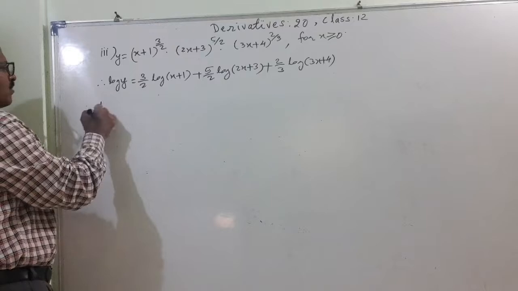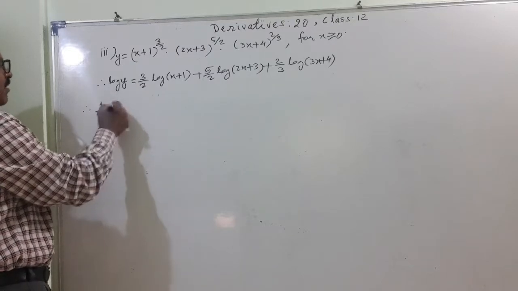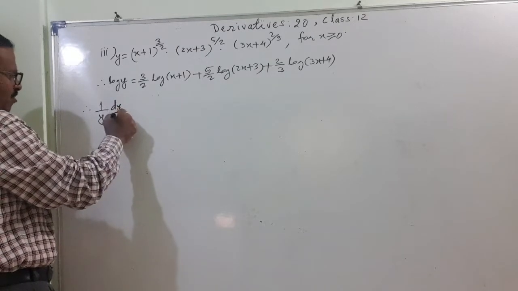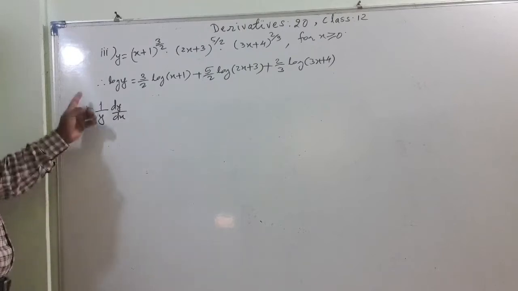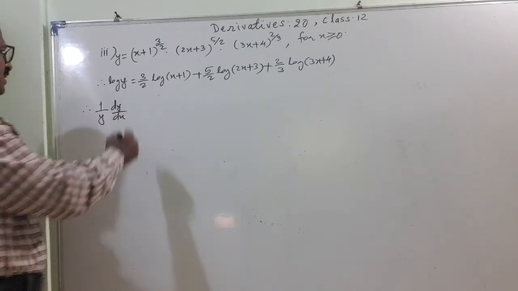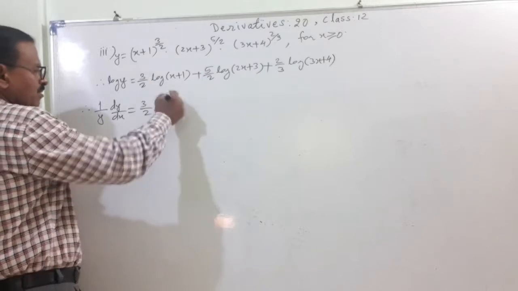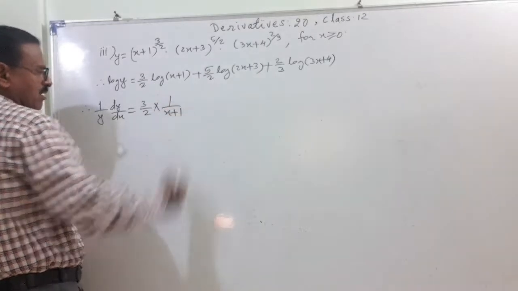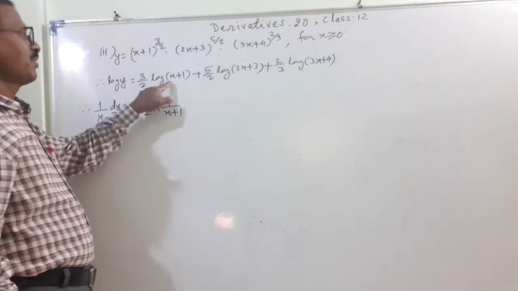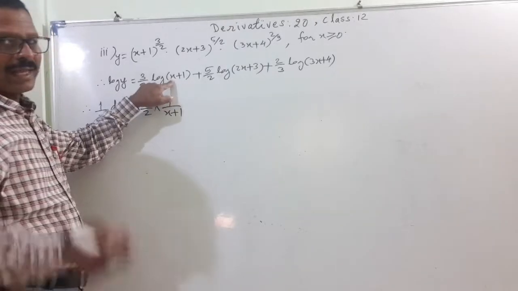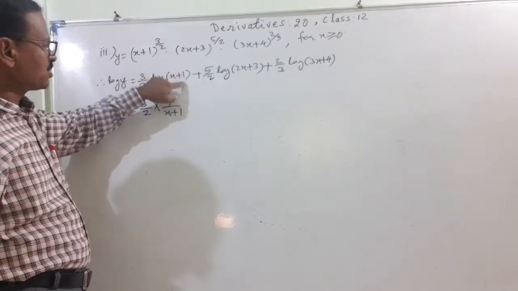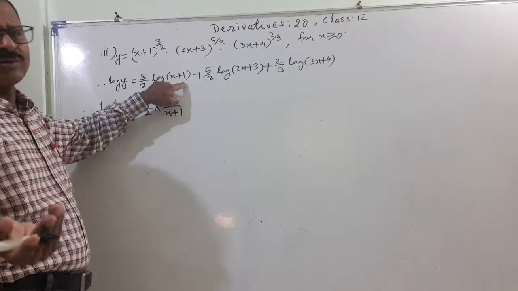dy by dx of this will be 1 upon y dy by dx. Derivative of log y will be 1 upon y into dy by dx. That is equal to 3 upon 2 into derivative of this will be 1 upon x plus 1. Now I have to take the derivative of this x plus 1 and that derivative will be coming 1 plus 0 means 1. So why to take the derivative?